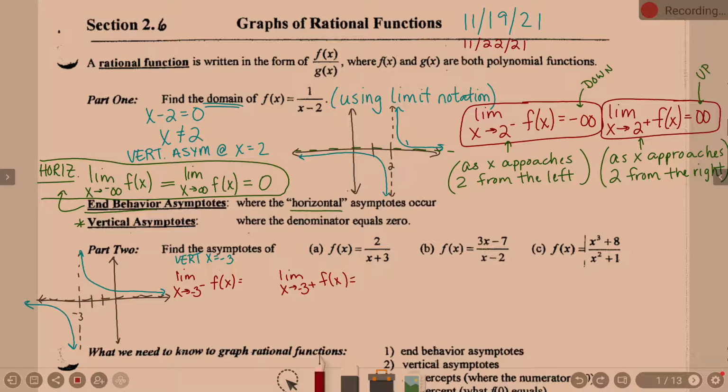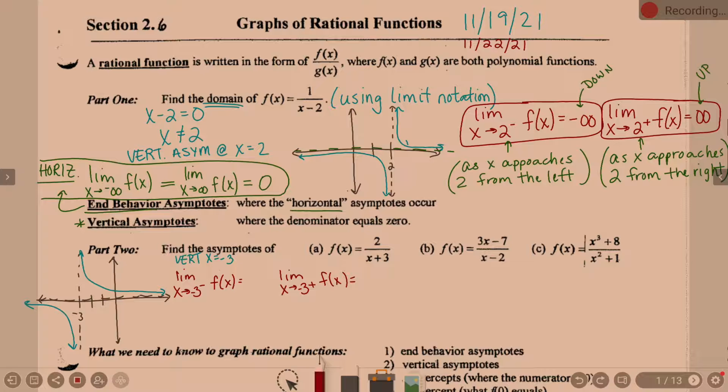So what I wrote there, the first one, the limit as x approaches -3, because that's my vertical asymptote. The negative afterwards says from the left. Then the second one says the limit as x approaches -3 with a positive after it, and that's saying from the right. And here's the key, guys. If it just says as x approaches -3, it's wanting from both sides, which means they have to be the same. And in this case, they're not the same. So that's why we have to look at them individually.